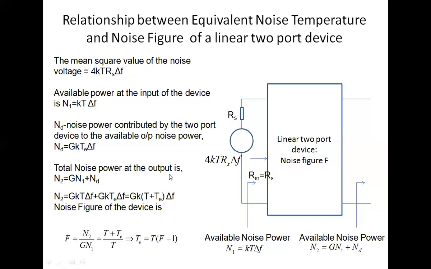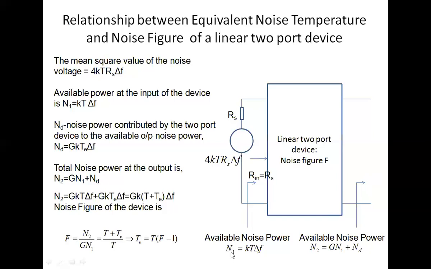The total noise power at the output is N2, which is equal to G times N1 plus ND. N1 is the available noise power at the input, which gets multiplied by the gain factor G. In addition to that, the system adds its own noise, that is ND. We are talking about only the noise powers, at the input and at the output.